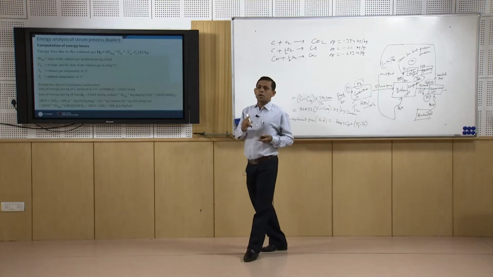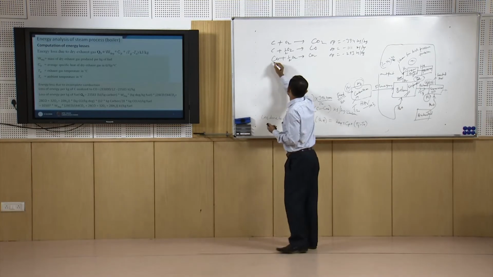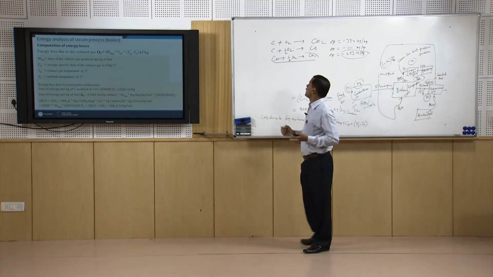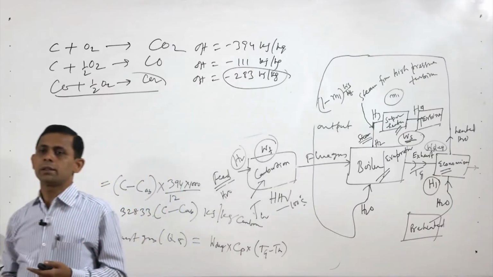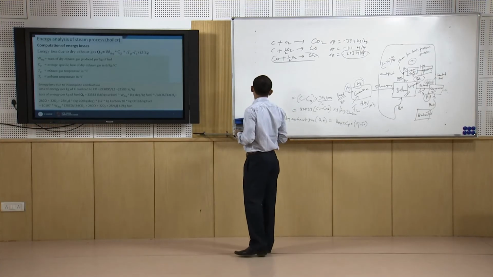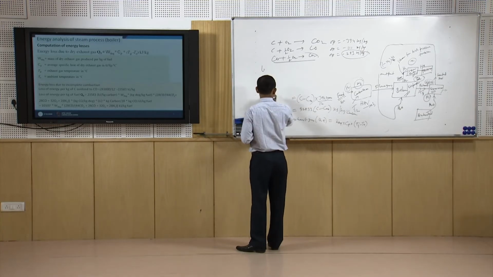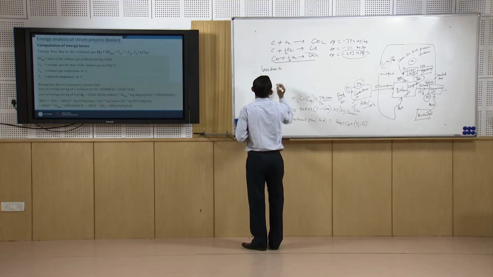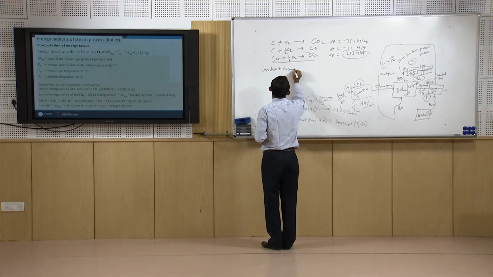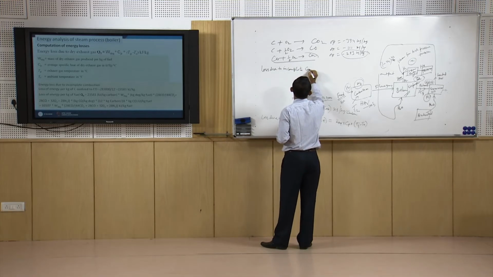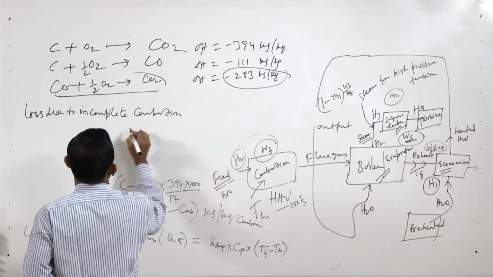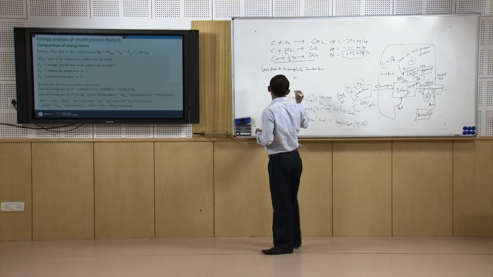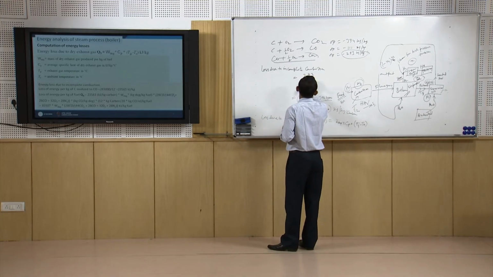Now, if the carbon is not completely combusted, this reaction will not proceed and we will lose this amount of energy. So, per kg of carbon we will be losing 283 kilojoule of energy. So, loss due to incomplete combustion will be equal to 283 divided by 12.